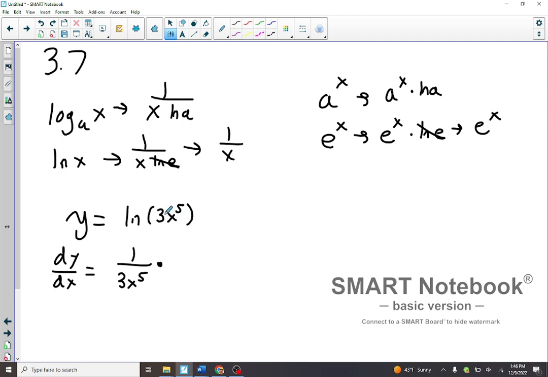But I need to multiply it by the derivative inside. The derivative inside here is, bring down the 5, 15x to the fourth, which means I could rewrite it as 15x to the fourth over 3x to the fifth.